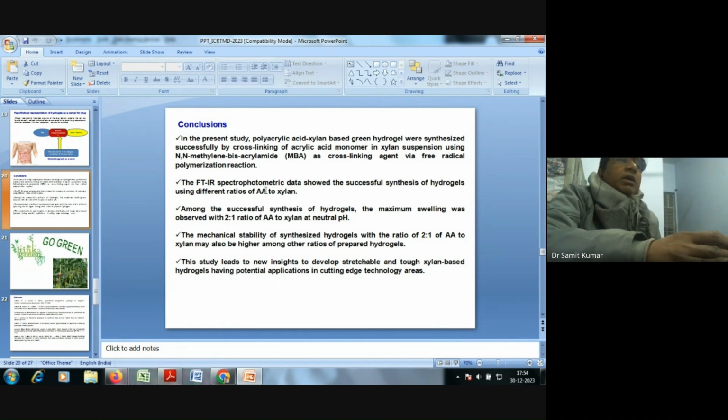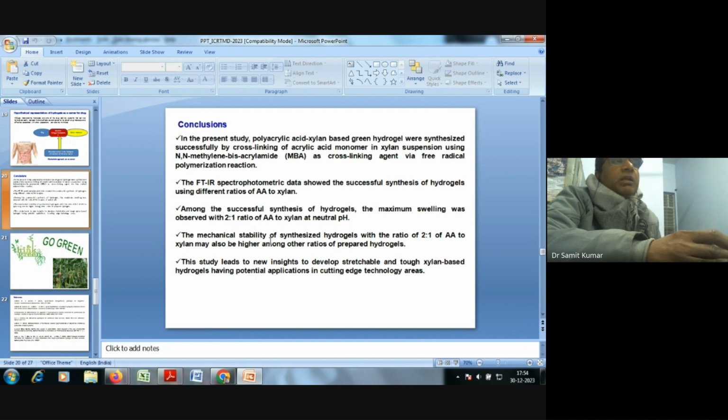The FTIR spectroscopic data showed the successful synthesis of hydrogel using different ratios of acrylic acid to Jalan. Among the successfully synthesized hydrogels, the maximum swelling was observed with a 2:1 ratio of acrylic acid to Jalan at a neutral pH.